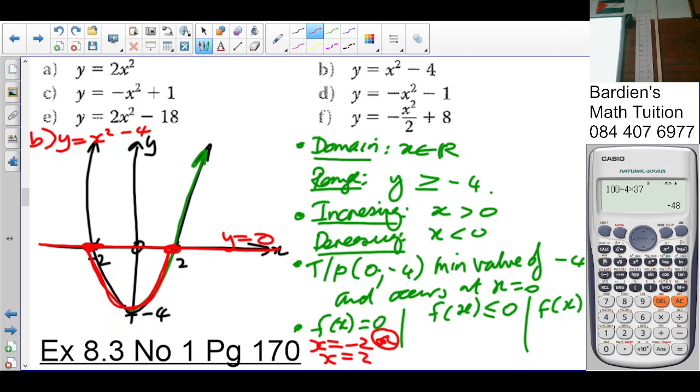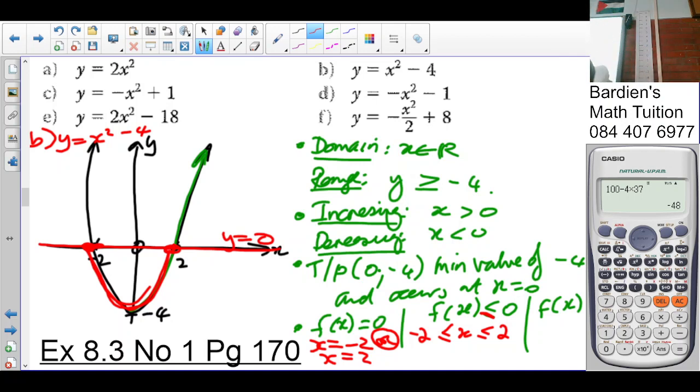Not so. The solution together or apart? It's together, so I write it together as well. Okay. So it's from negative 2 to 2. x must be greater than or equal to negative 2 but less than or equal to 2. Equal as well because I'm considering that solution of minus 2 and 2. Can you see them?